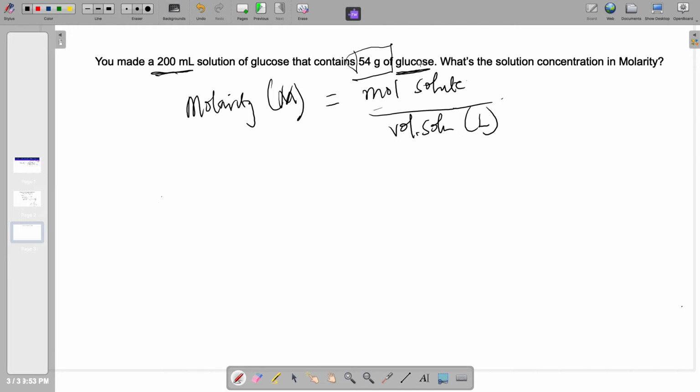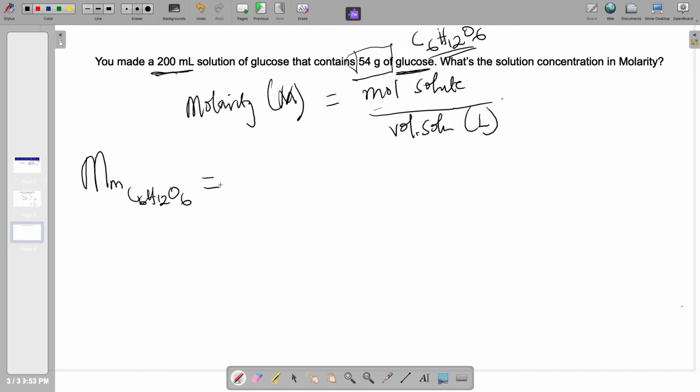So our chemical is glucose. The formula for glucose is C6H12O6. Once we know this, we proceed to find the molar mass of our glucose. I'll write MM depicting molar mass.